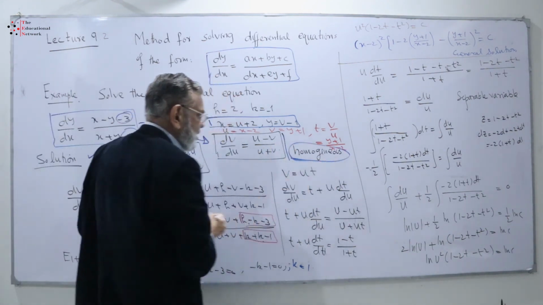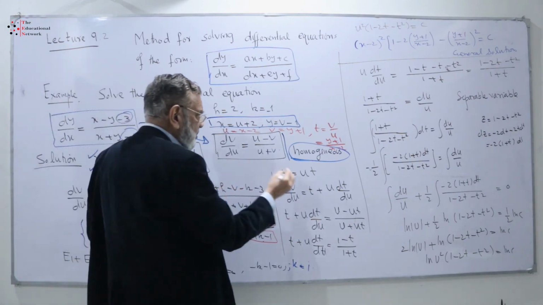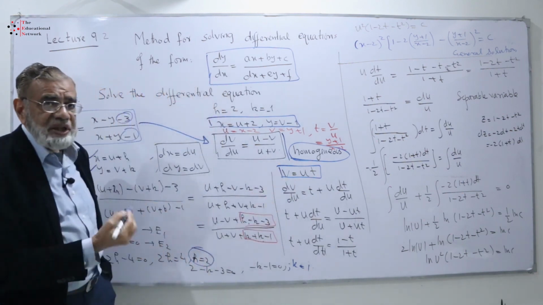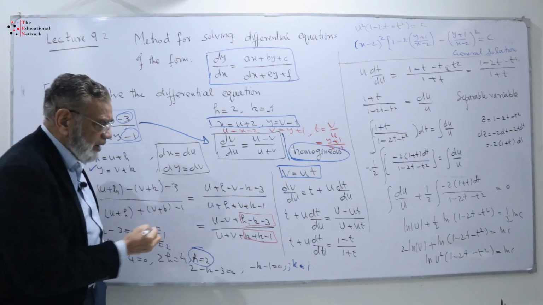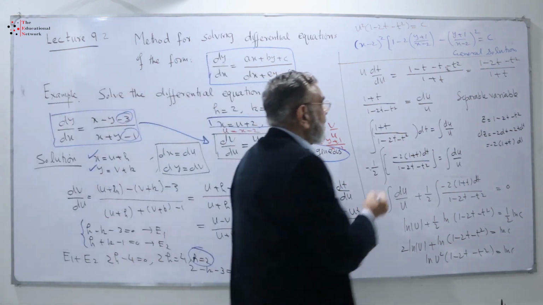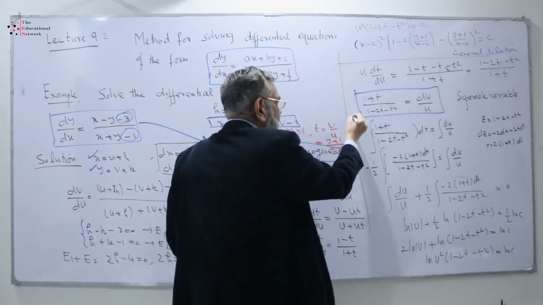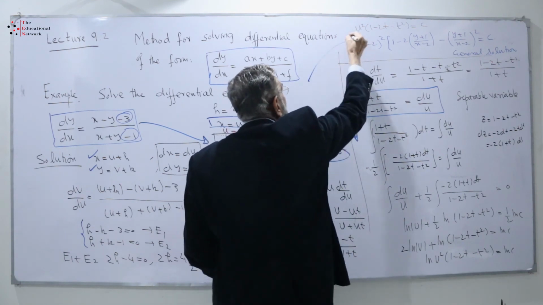Now we change it to separable variable. We take v is equal to ut, or u is equal to vt. We substitute and solve it, and we get the separable form. When it's separable form, nothing is left. We simply integrate, and then we substitute the values back.